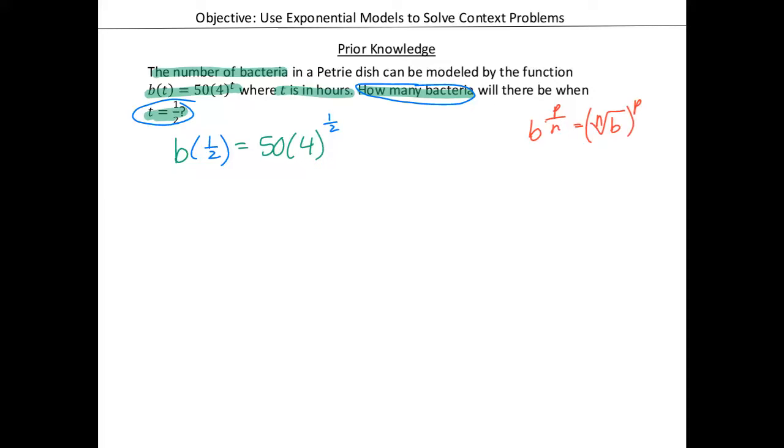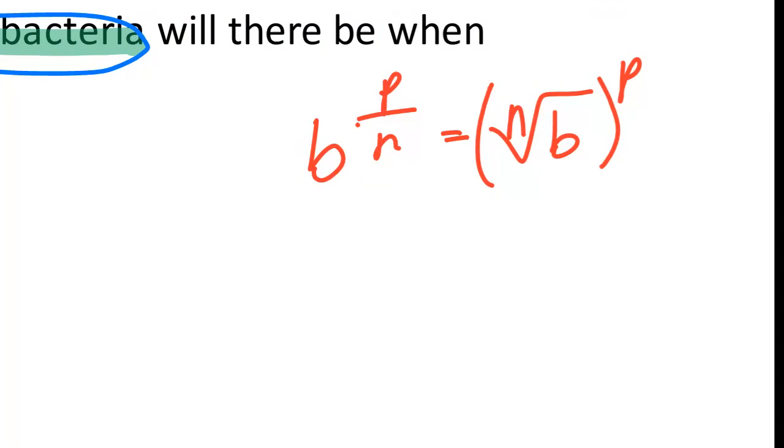Do you guys remember that? Yes, no, maybe so. I'm talking about this over here. Do you guys remember changing from an exponent to a radical form? Whatever's in the denominator is your root, and whatever's in the numerator is your power.